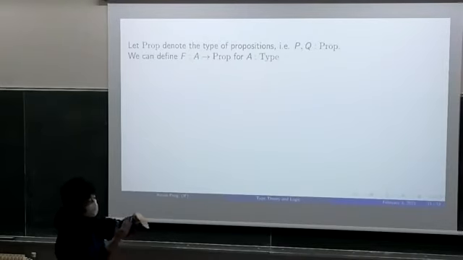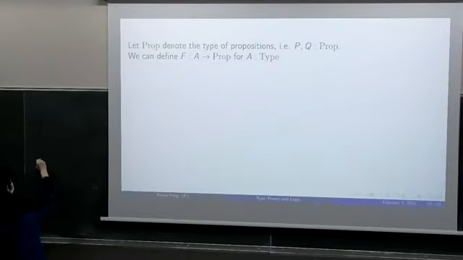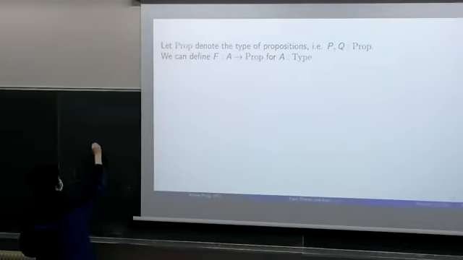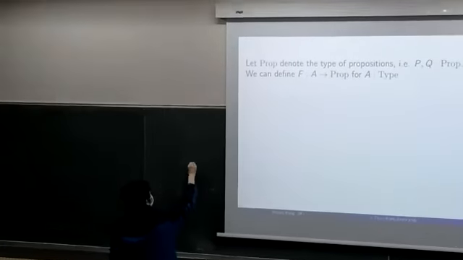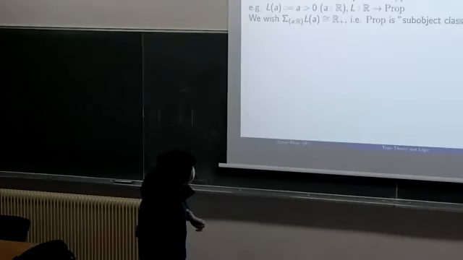Like last time, we have a space and we want to find some fiber, but here the fiber is taking the proofs. So every fiber is a type of proposition.